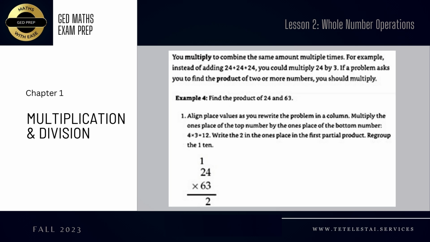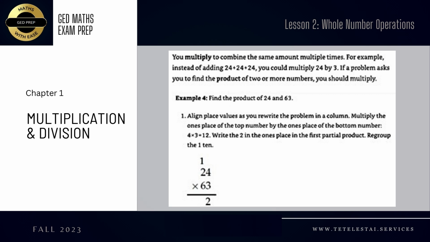All right, so the next concept is multiplication and division. So to multiply, essentially, you're combining the same amount multiple times, right? So in this example, instead of adding 24 3 different times, you can simply multiply 24 by 3.